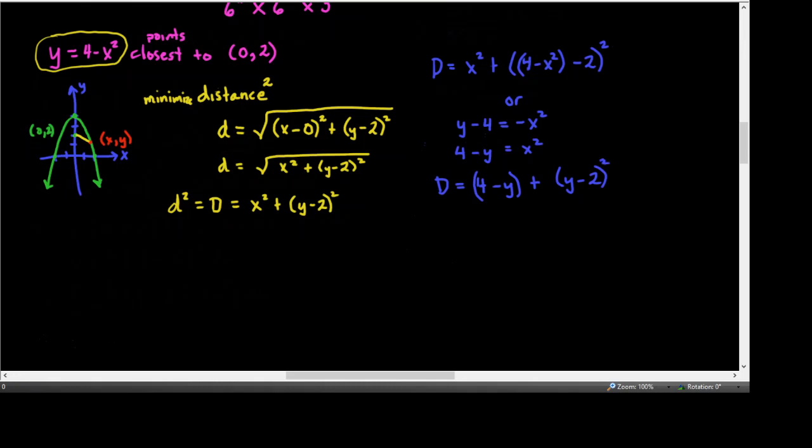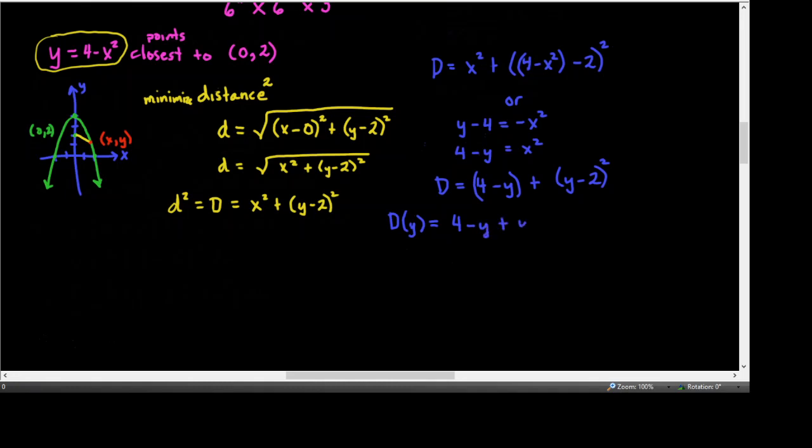And you can minimize either of these forms, the D in terms of x or the D in terms of y. My perception is that the one that involves y is easier. So I'm going to use that one as an exercise if you want to try the other one. Might be fun. If you think of that kind of thing as fun, it would be fun.